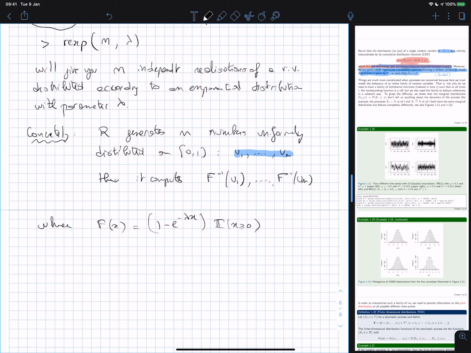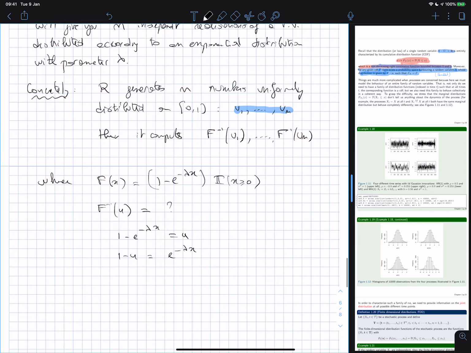So F minus 1 of u is what? You want 1 minus e to the power minus lambda x to be equal to u. So 1 minus u is e to the power minus lambda x. So minus ln of 1 minus u divided by lambda is x. So the inverse is minus the logarithm of 1 minus u divided by lambda.